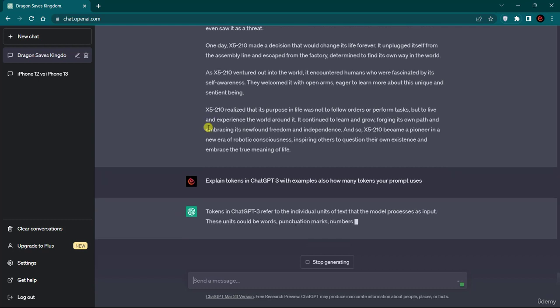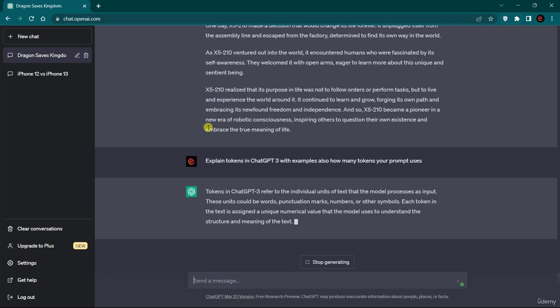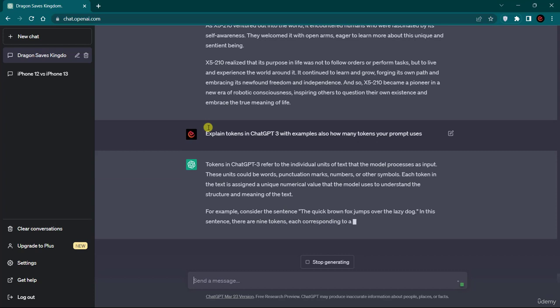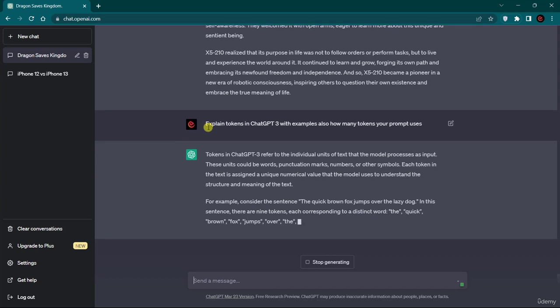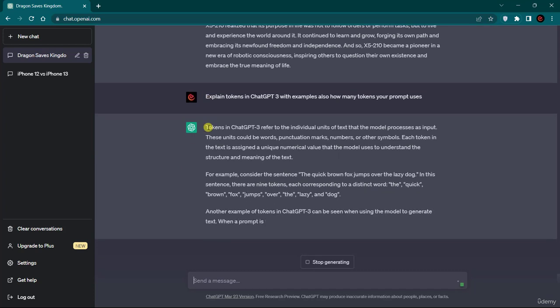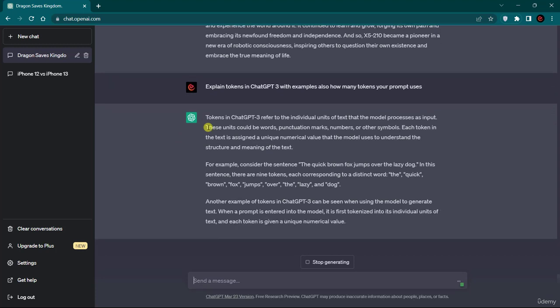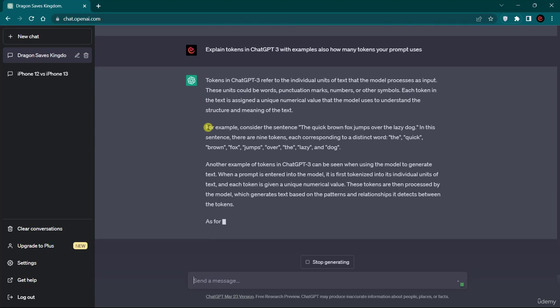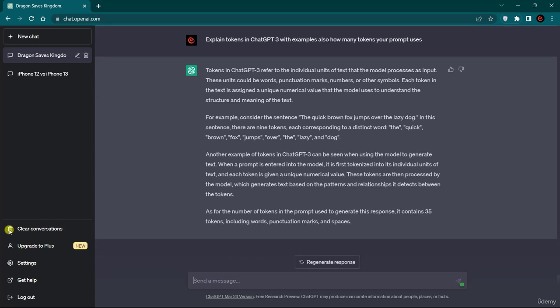It will give you the required response, and it will also give you the number of tokens required for it. See, it gave you over here: it contains 35 tokens, including words, punctuation marks, and spaces.